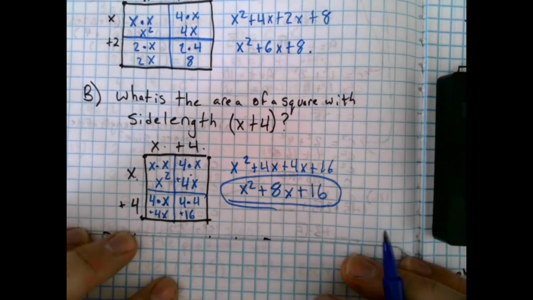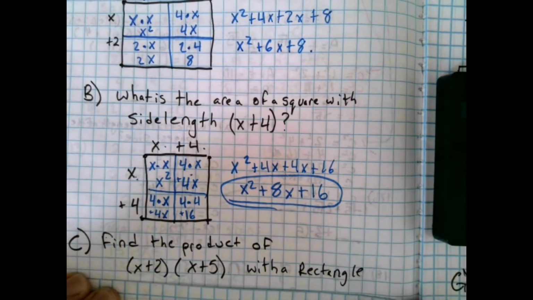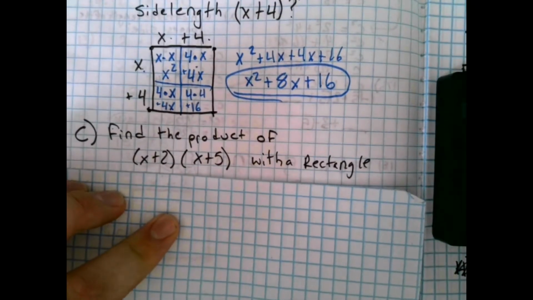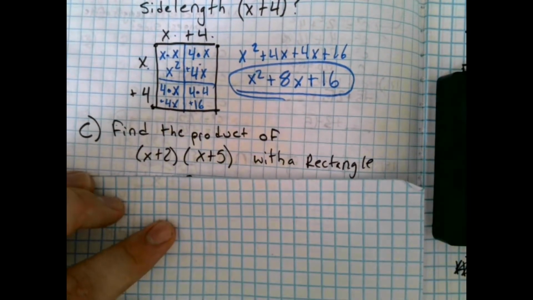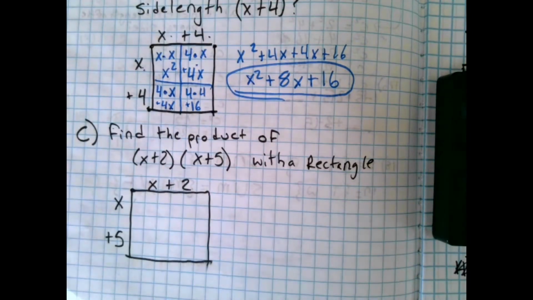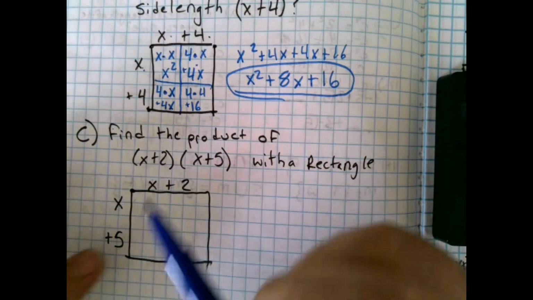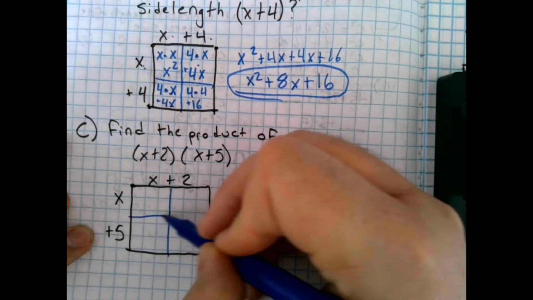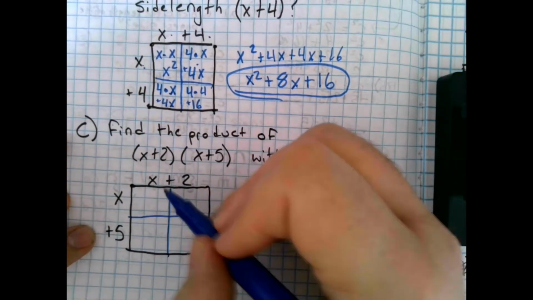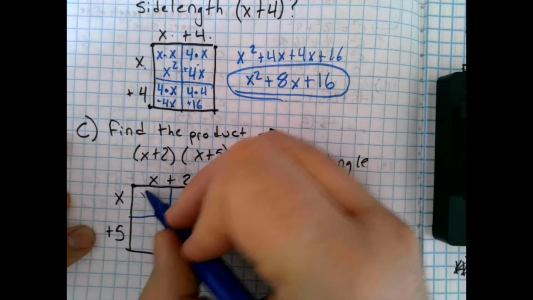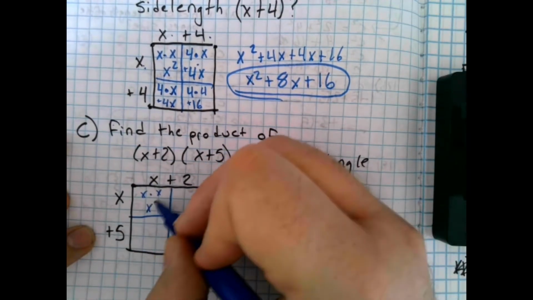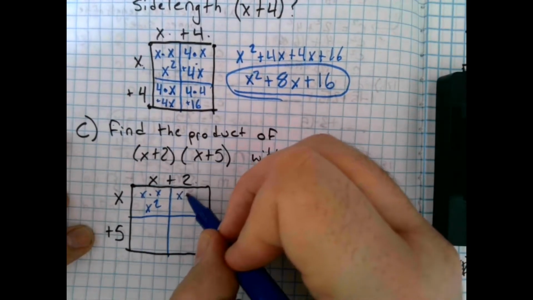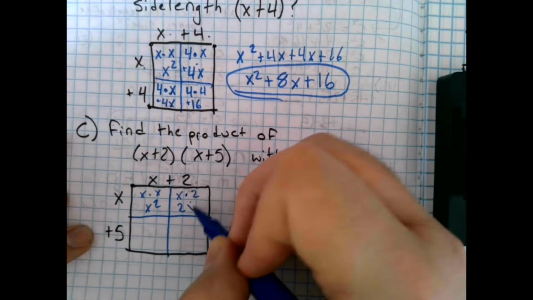And that's part B. Now, question C wants us to find the product of x plus 2 and x minus 5 with a rectangle. I've gone ahead and drawn that rectangle here. Once again, we're going to divide it into fourths. This box is x times x, which is x squared. This box is x times 2, which is 2x.